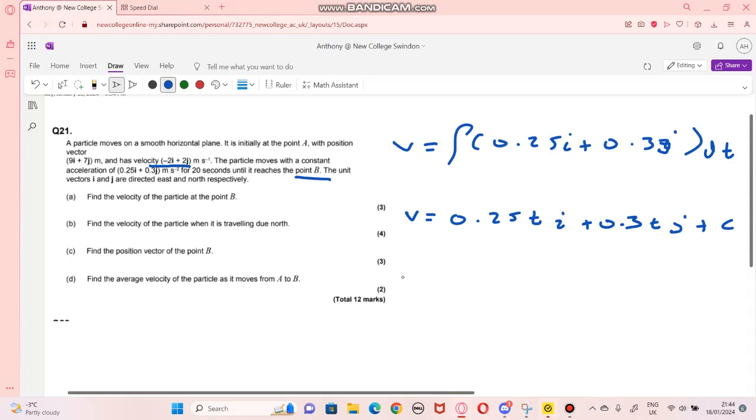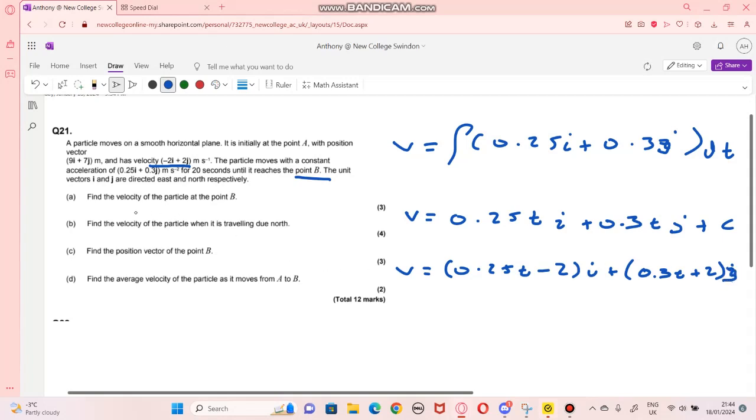So we can plug that into our equation. We get v is equal to (0.25t - 2) i + (0.3t + 2) j.